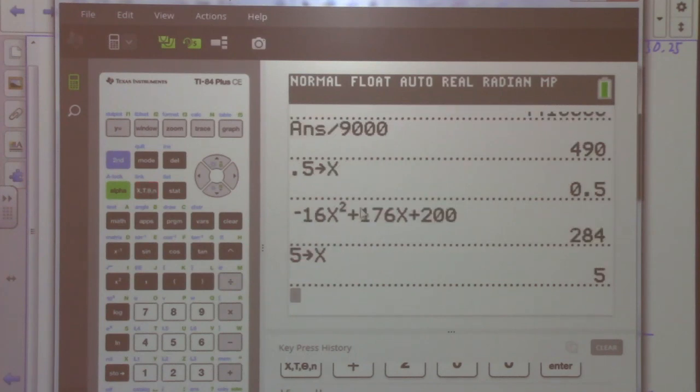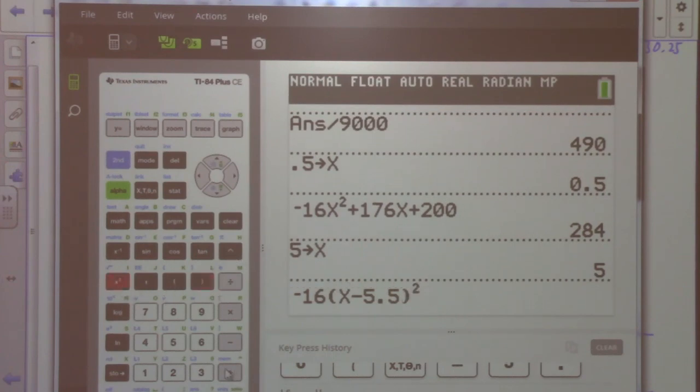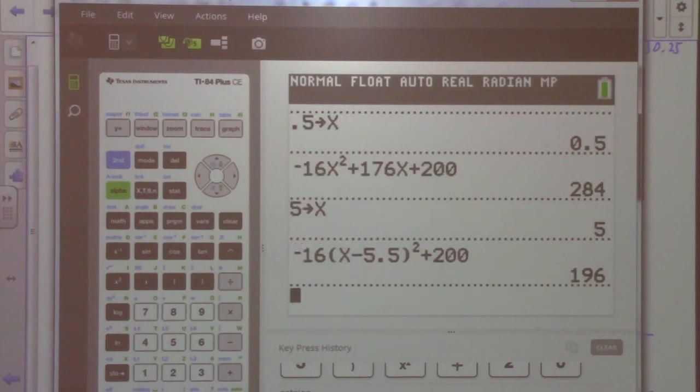And now I'm going to use the vertex form, which is negative 16 times x minus 5.5, squared, and add to it, how many? 200. And we should get the same thing, right? But that's not right. It should have been 684, right? So I'm going to fix that.